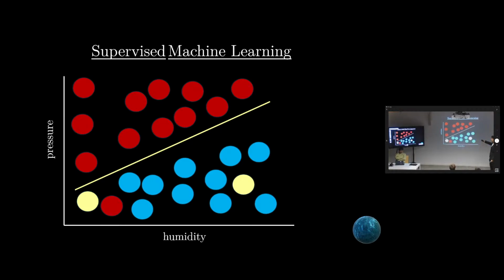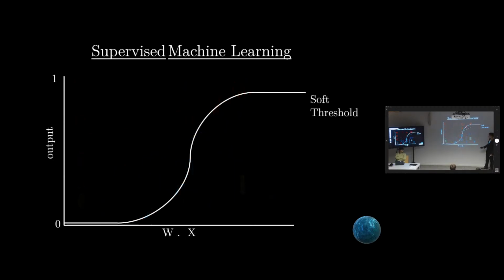For example, if you take such sample data with these two yellow points, you could tell that this one is more blue than this one. This one is closer to the line, while this one is well inside the blue points. So instead of a threshold function, you could use what we call a soft threshold. Instead of giving either 0 or 1, it gives all possible real numbers between 0 and 1, which expresses how close we are to 1 or to 0. Makes sense, right?